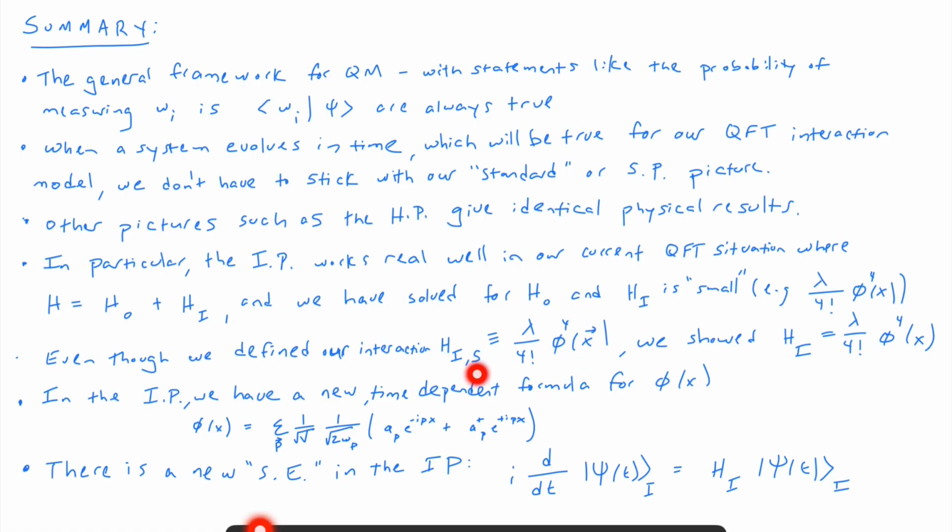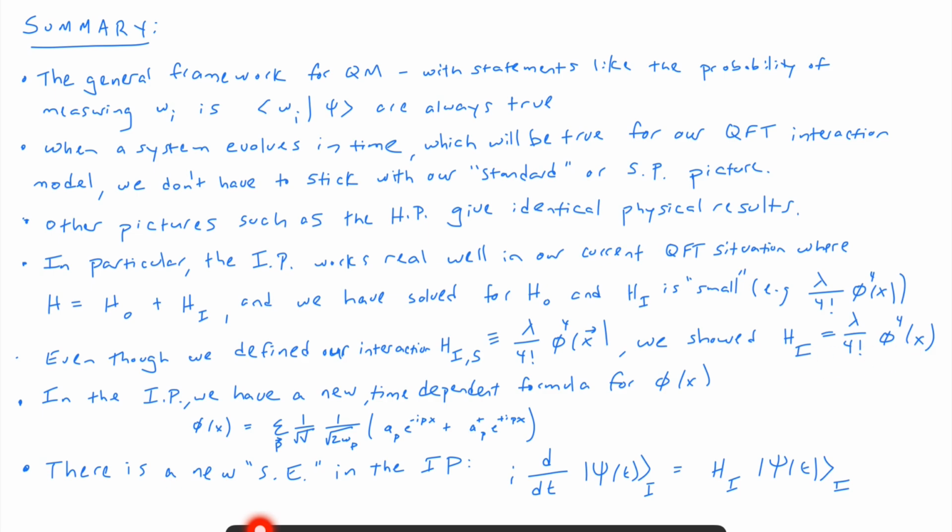But it turns out you can almost use the same type of form and just show that this is the same thing in the interaction picture, which is what we need when we use our Schrödinger equation expressed in the interaction picture. So, it's H I in the Schrödinger picture, H I in the interaction picture, which we just called H I, is almost the same thing, except this now becomes time dependent.